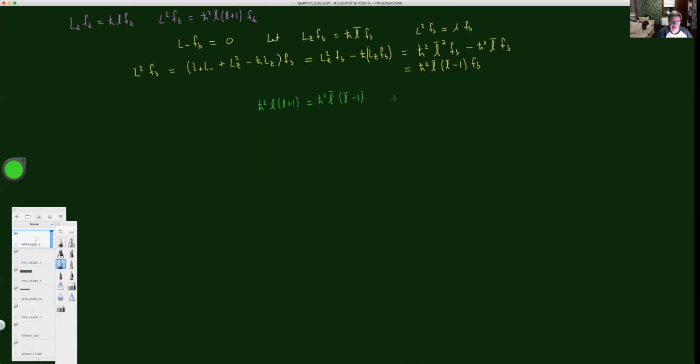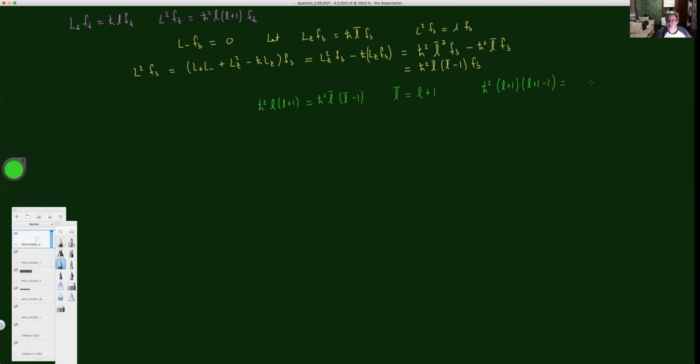When is that possible? Well, you could have L bar equal L plus 1. Does that work? Okay. Well, let's see. So if L bar is L plus 1, let's look at this term here. So I have H bar squared, right? We have L plus 1. Then we have L plus 1 minus 1.